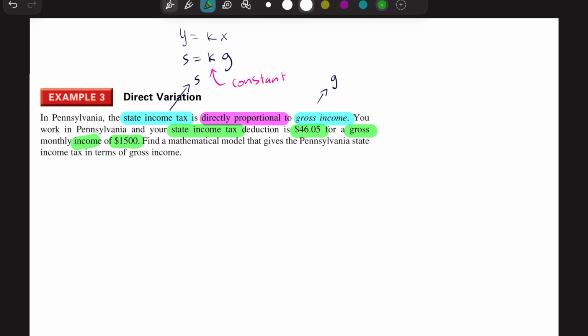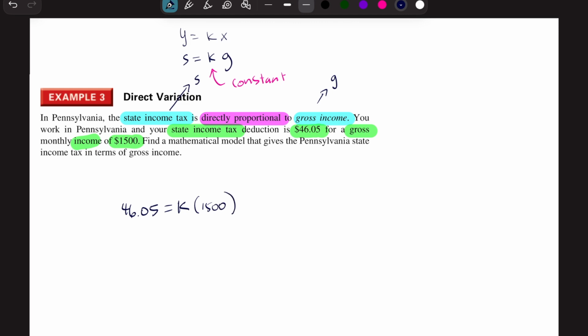So we're just going to take those values and say, okay, so that means that when S is 4,605, G is 1,500. I'm going to keep the K as K because that's what we're trying to solve for.